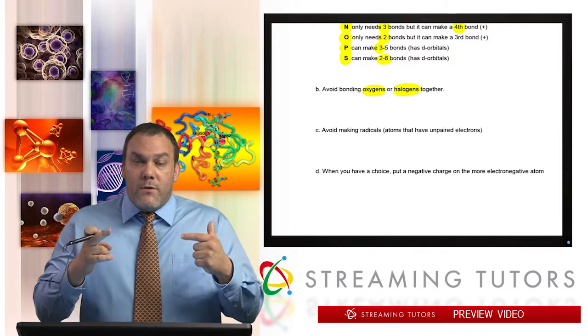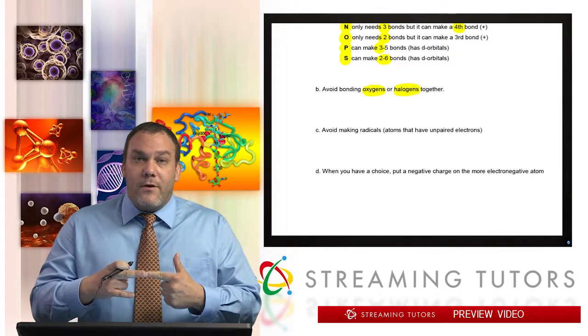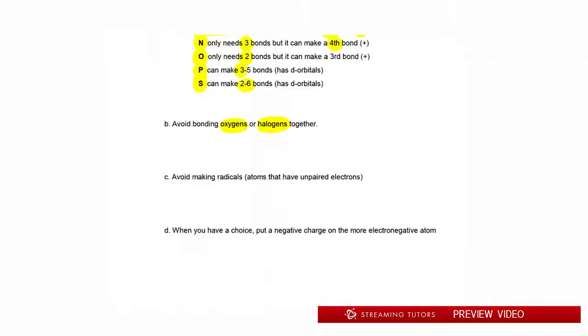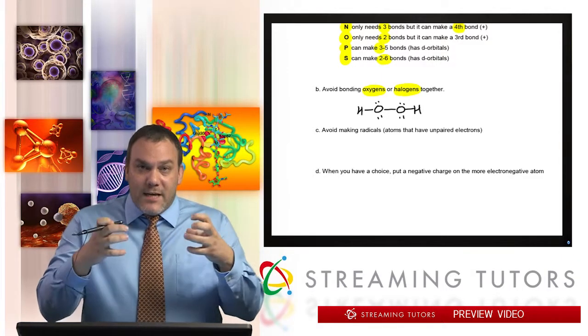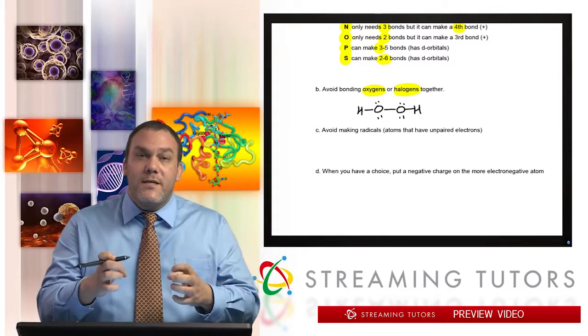you don't want to initially bind them together, okay? Let me show you why. If you have an oxygen, let's say with an H on it, and you connect it to another oxygen that has an H on it, the problem with this bond, this is called a peroxide or a peroxy bond, is that both oxygens have two lone pairs. So the bond between them is connecting them together at a closer distance.